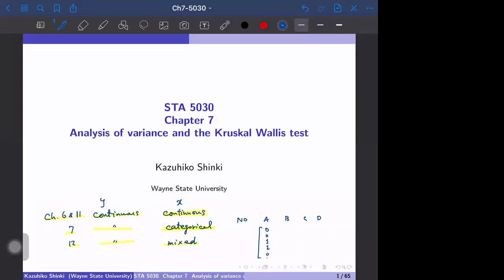Then this is just a special case of a continuous numeric predictor. So actually, chapter 7 is a special case of chapter 11. We don't really have to study it separately in some sense, but we have some terminology. And since we haven't studied chapter 11, it's good to study chapter 7 first. It has more concrete examples than chapter 11.